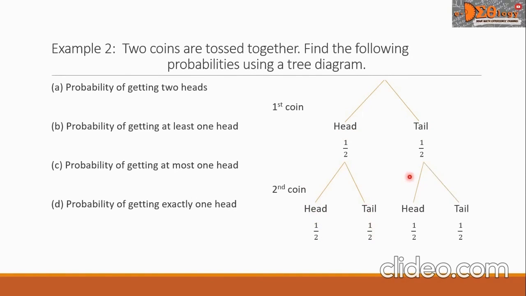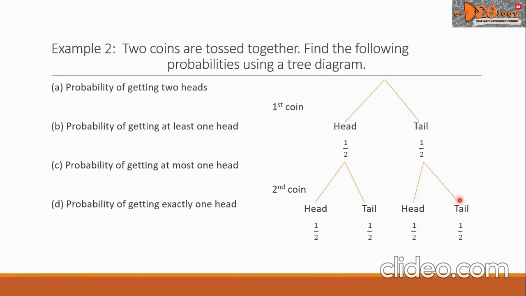Now, for the second group of branches, where the first coin is turned tail, for the second coin, there are 2 possibilities. It may turn head or tail. For the head, the probability is 1/2.